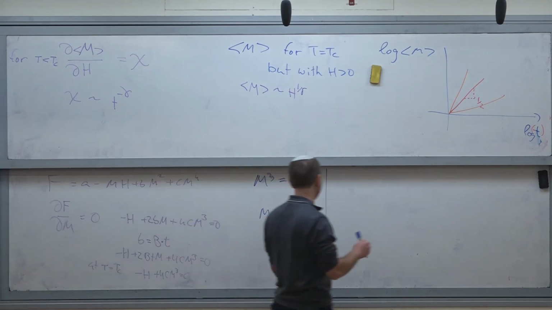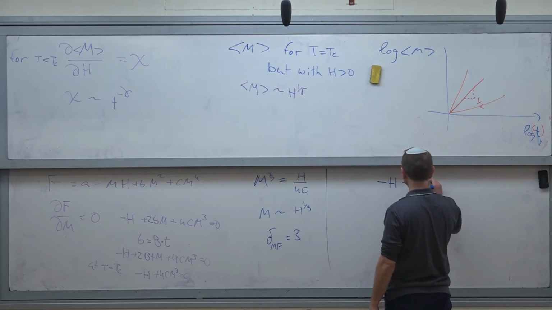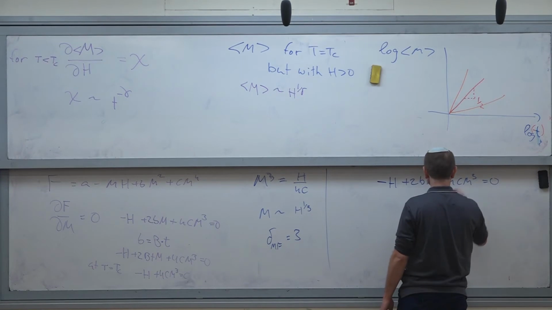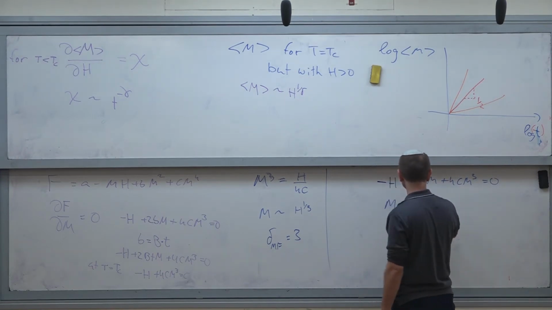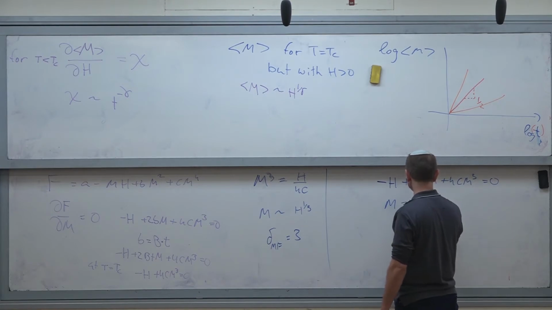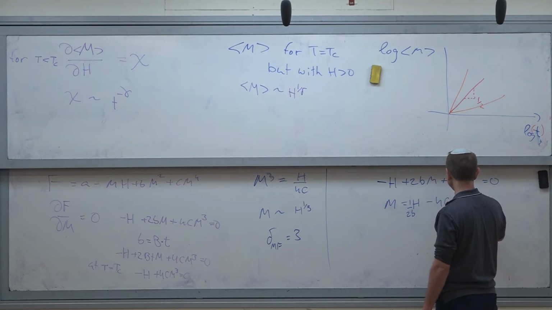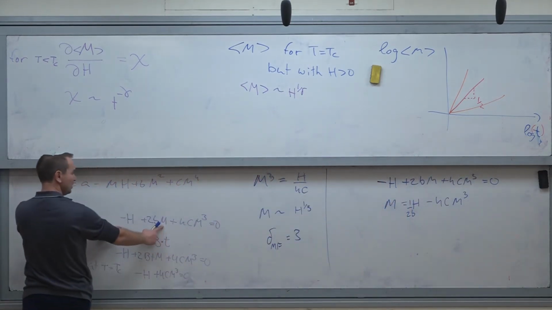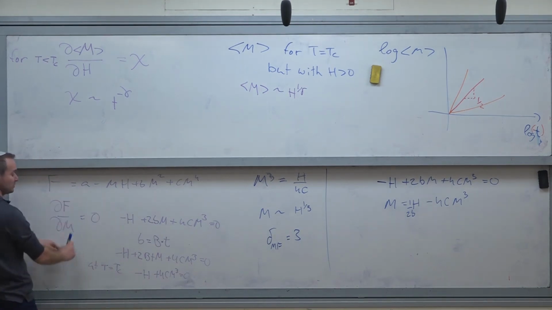So we have minus h plus 2bm plus 4c m to the third equals 0. So m equals h times 1 over 2b minus 4c m to the third, right? We obtained this from the equation that was obtained previously by taking the derivative of the free energy with respect to m.